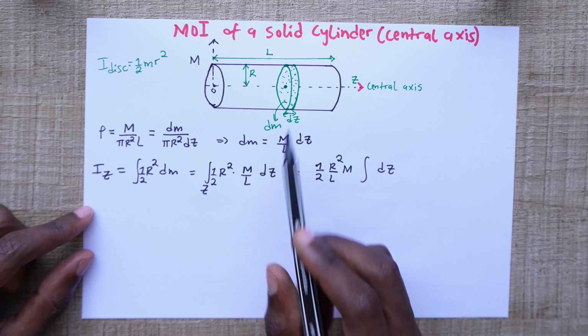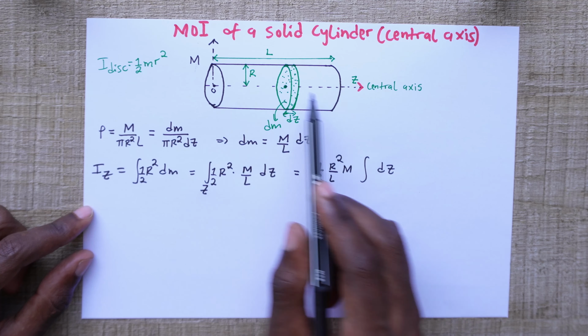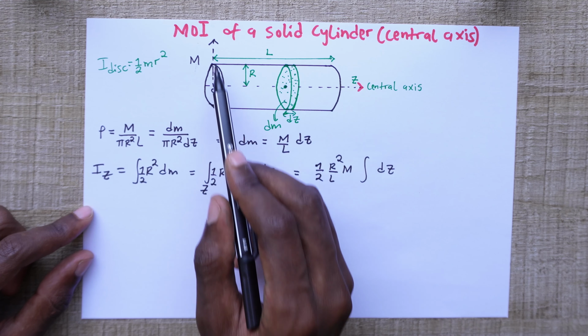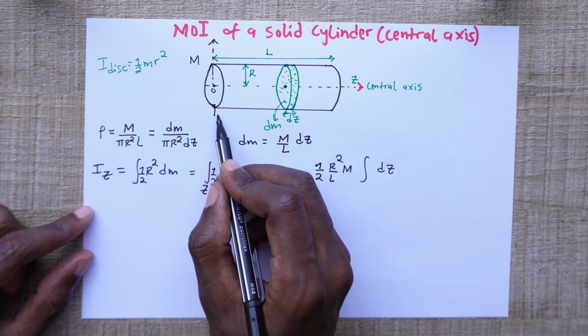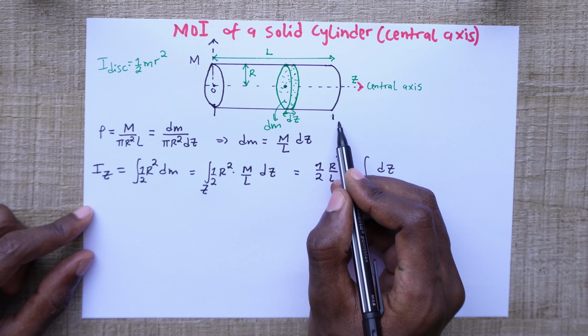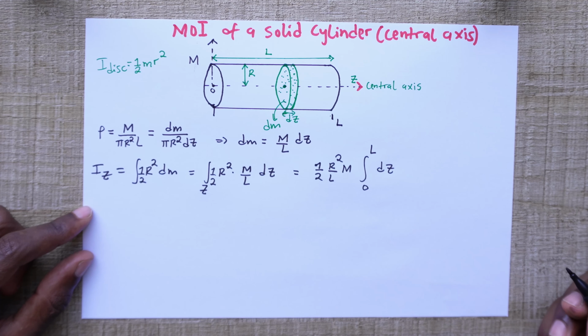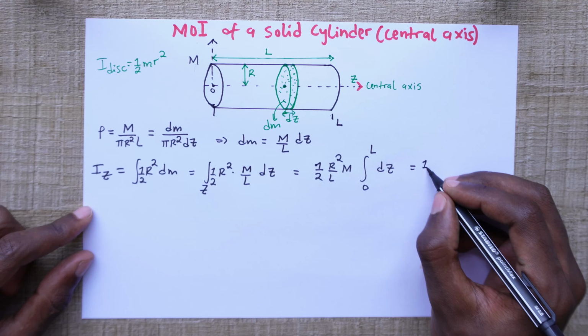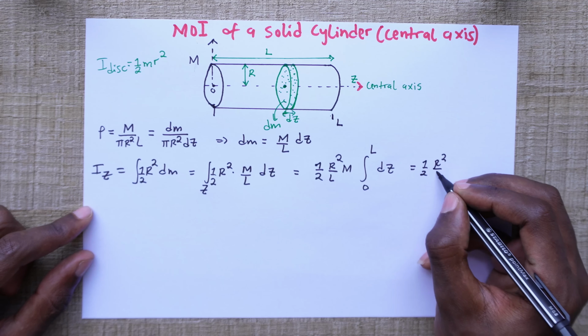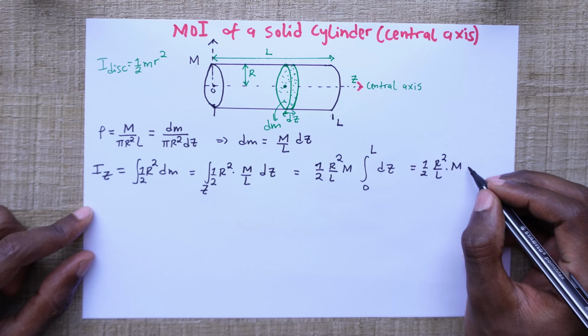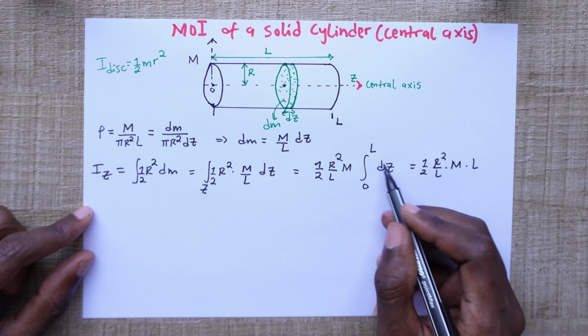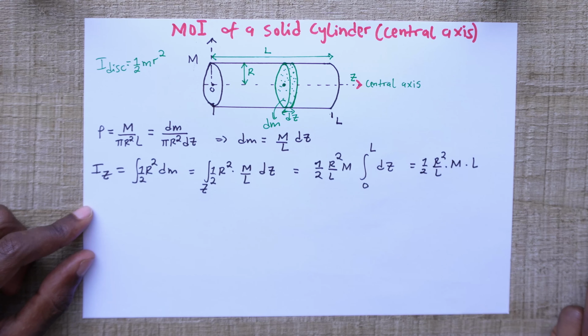So you see that if you want to generate the full cylinder, z needs to go from 0, so from this point, right up to this point, which is L. So we need to integrate this from 0 to L. So that's going to be half R squared over L times M times just L. The integral of dz is z, then you just put L.